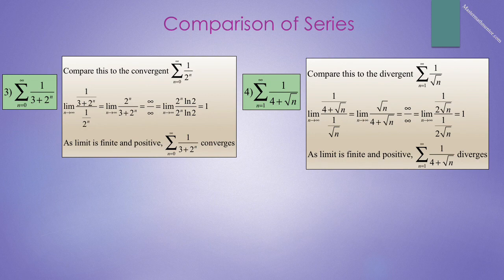This is infinity over infinity, but by using L'Hopital's rule, we get the limit as n approaches infinity of 1 over 2 square root of n over 1 over 2 square root of n, which is equal to 1.